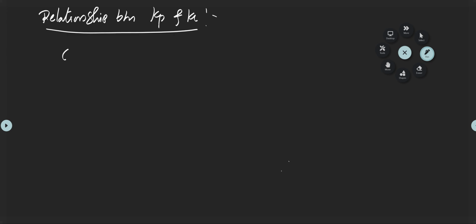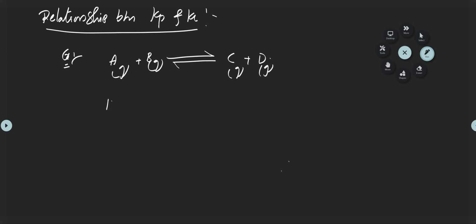Next one is the relationship between Kp and Kc. For example, A in gaseous state reacting with B in gaseous state gives rise to C plus D. Both are in gaseous state.